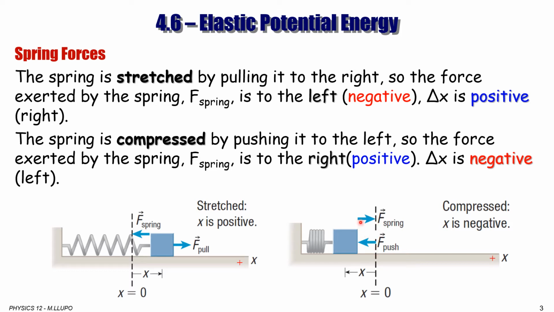So the spring force this time is on the right, that means it's positive, and displacement from the rest position to the new position is toward the left, and we say that is negative. Now take a look. When the force was negative, the displacement was positive, and now in the second case, when we are compressing it, the force is positive and displacement is negative. So it is opposite direction.